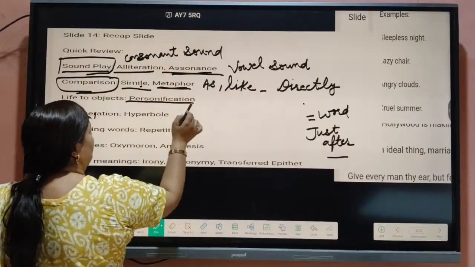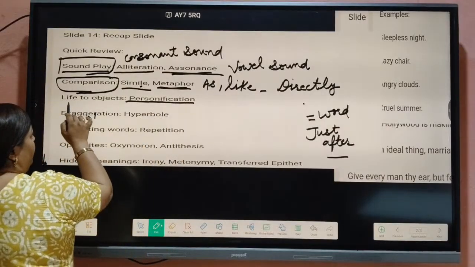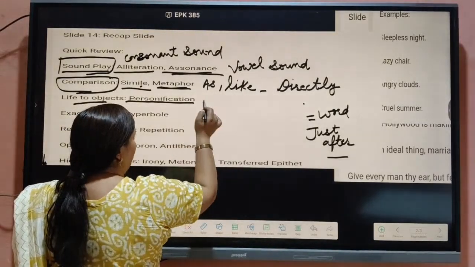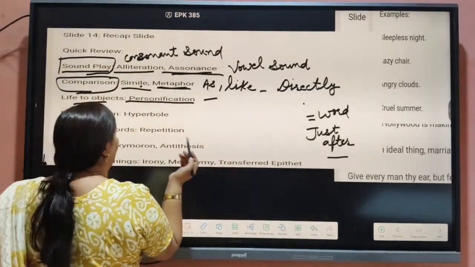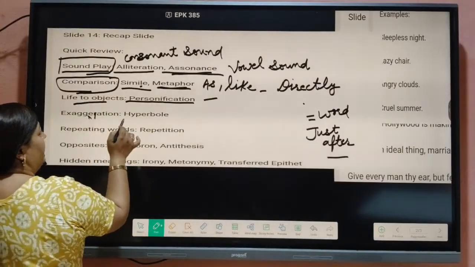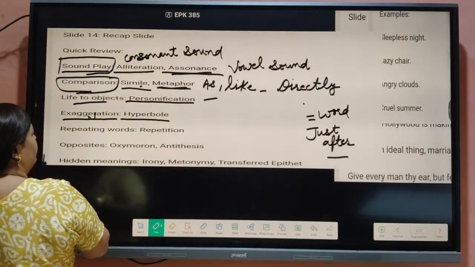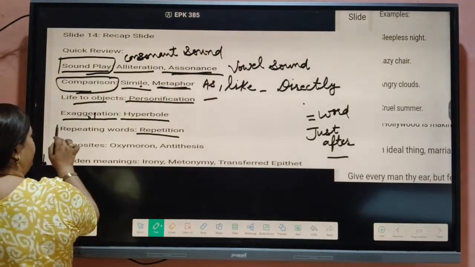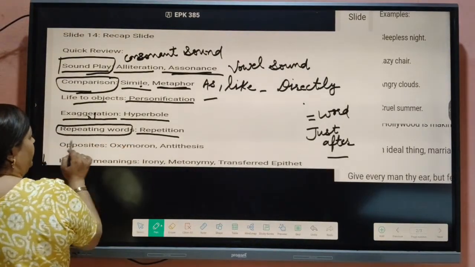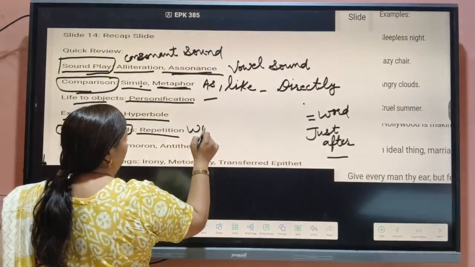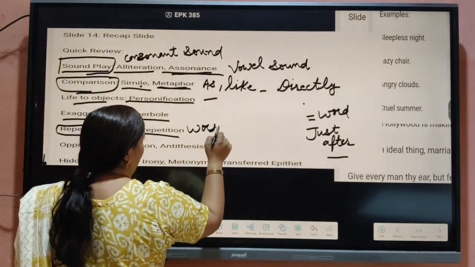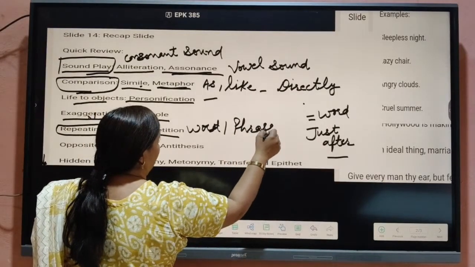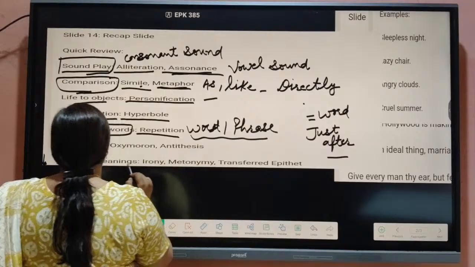And in personification, we attribute the qualities of living beings to non-living things. In hyperbole, we exaggerate things. In repetition, it is very easy: a word or phrase can be repeated.